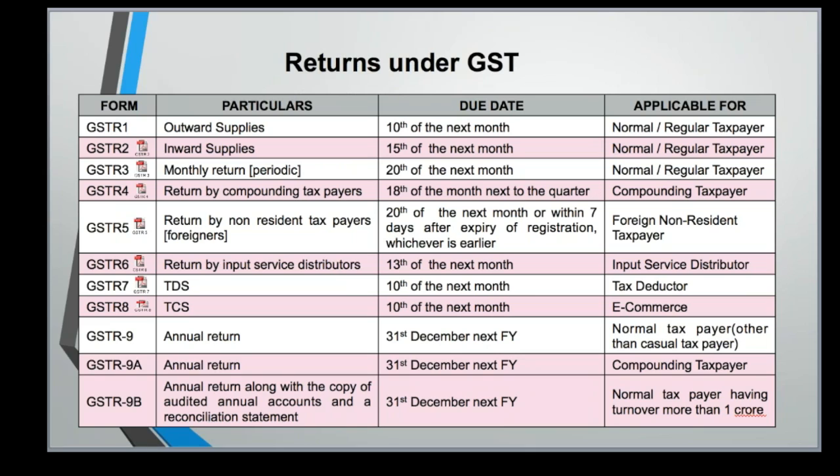The formats are there, but the online portal is not ready for us to file them. Suppose I am a service provider, and I have certain segment credits carried forward in my return. I would always like to carry forward the same in the month of July and utilize it against my July output liability of CGST. But if the government does not give me TRAN-1 to file, how do I do it? Nobody knows. So we have to wait for those things also.